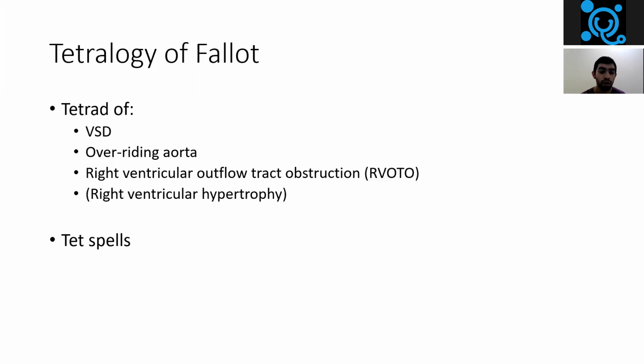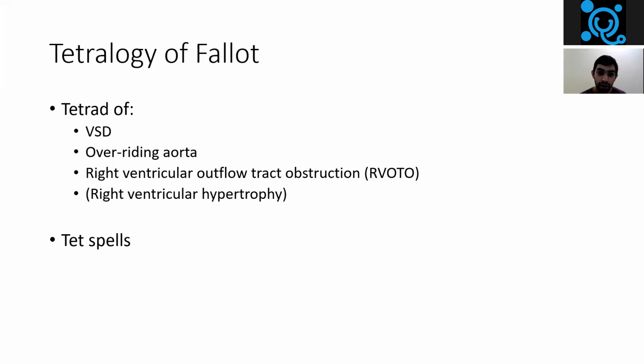We don't quite know why, but there is some hypothesis that the right ventricular outflow tract or certain parts of it start having some vasospasm. This changes the resistance and increases the severity of the obstruction. That in turn leads to a sudden increase in deoxygenated blood going through the aorta.